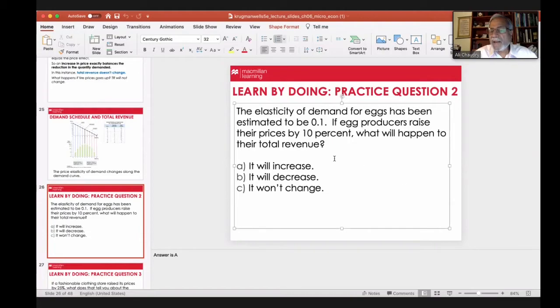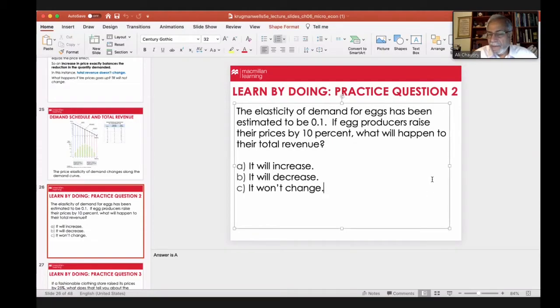Now we want to cross multiply. Cross multiply the 1 to the percent change in quantity demanded. Write it down on the left-hand side of the equation: percent change in quantity demanded. On the right-hand side, take the 0.1, the elasticity of demand, times the percent change in price, 10. 0.1 times 10 is equal to 1.